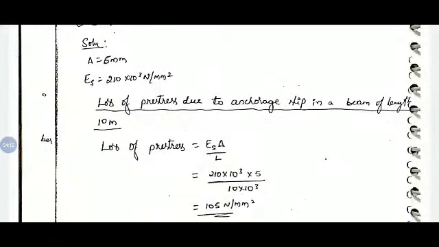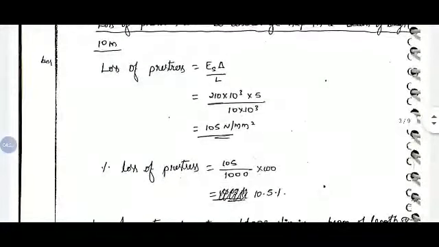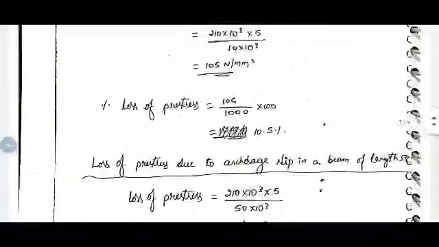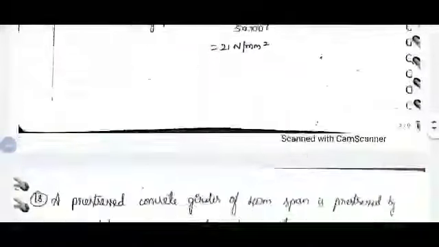So Es is given, delta is given, and L is given. This formula is available in the code book. You can substitute and get the value. Similarly, if it is 5 meter length, substitute length as 5 meter and calculate the loss along with percentage loss of prestress.